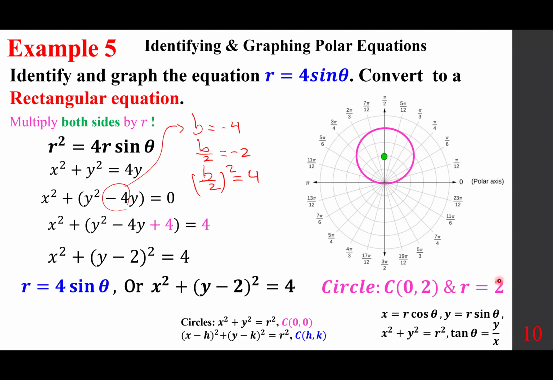Again, square root of 4 gives you 2. So we can recognize the graph. Sometimes we can't, but these are some graphs we should recognize. So r equals 4 sine theta represents a circle. That means r equals something times sine theta represents a circle. That's the meaning of it.